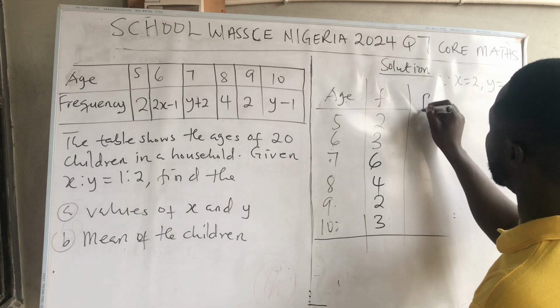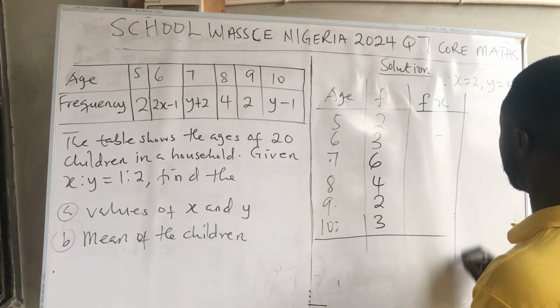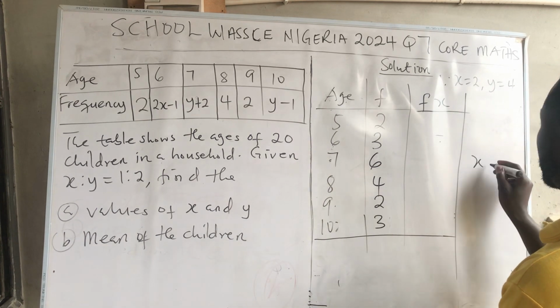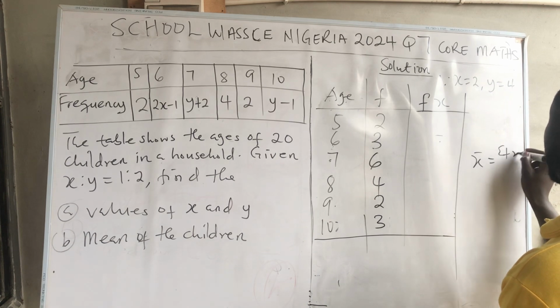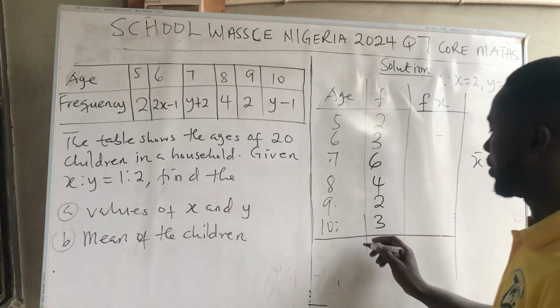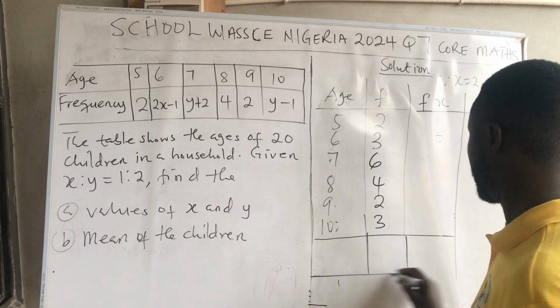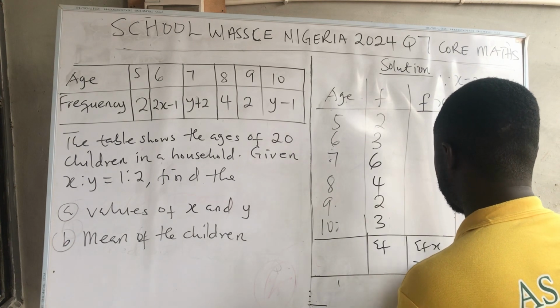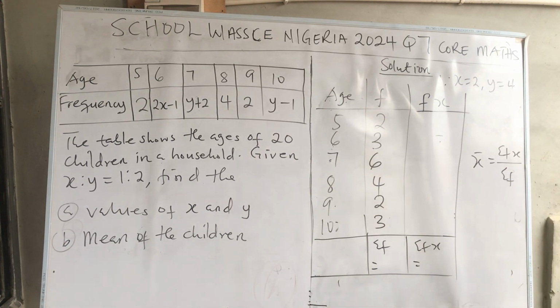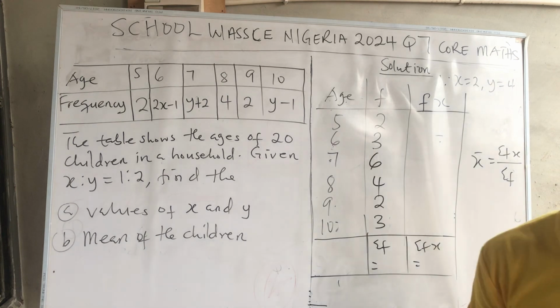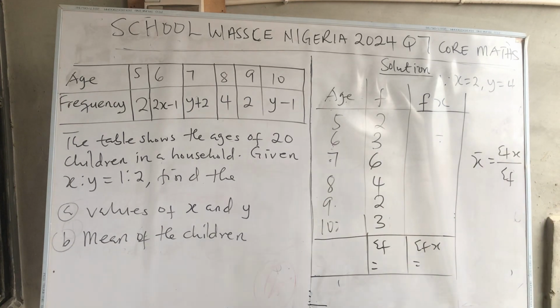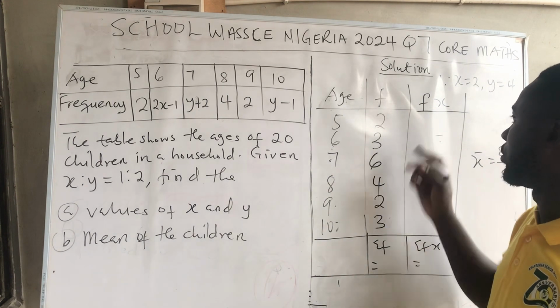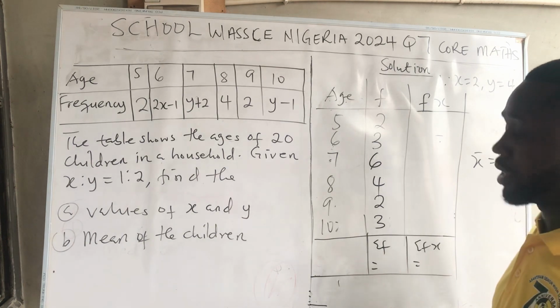So let's find our f of x. Since we know that the mean will be equal to sigma fx over sigma f. Alright, so that here we find our sigma f and then here we get our sigma fx. Okay, so let's do a common multiplication so that we can find our fx and then we get our answer.